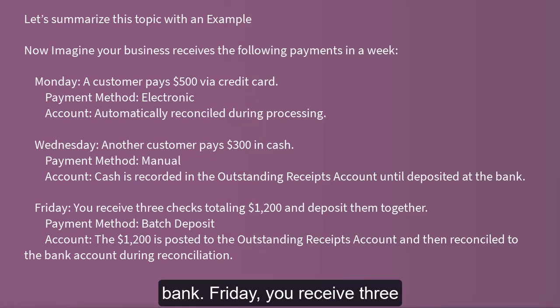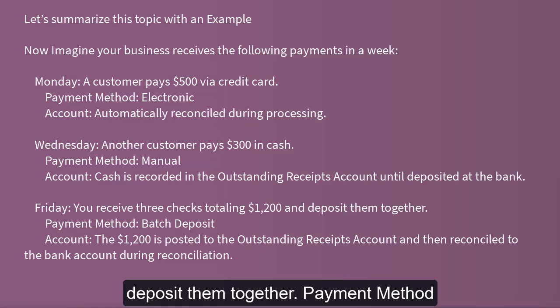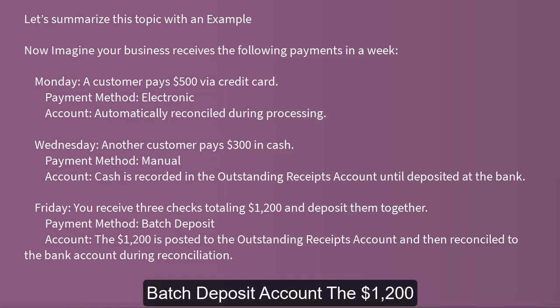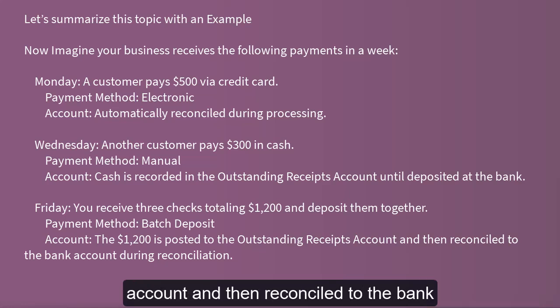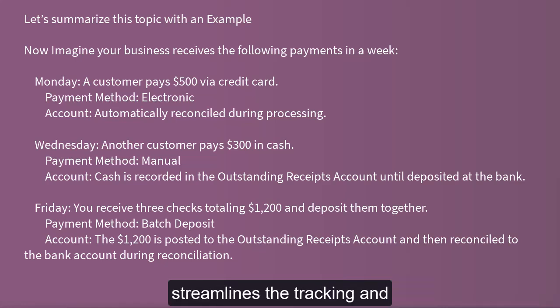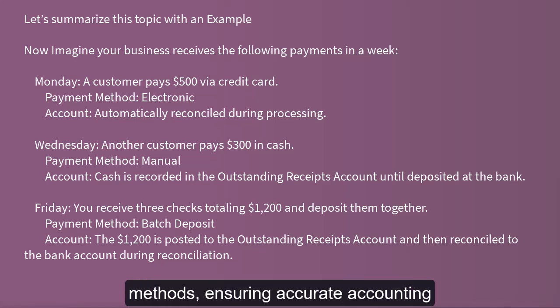Friday, you receive 3 checks totaling $1,200 and deposit them together. Payment method, batch deposit. Account, the $1,200 is posted to the outstanding receipts account and then reconciled to the bank account during reconciliation. This setup streamlines the tracking and reconciliation of various payment methods, ensuring accurate accounting records in Odoo.